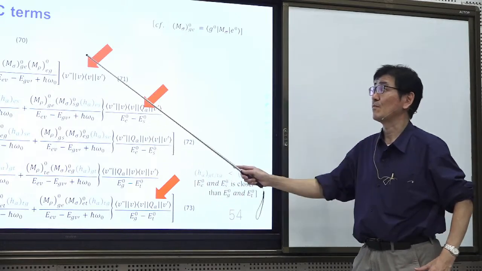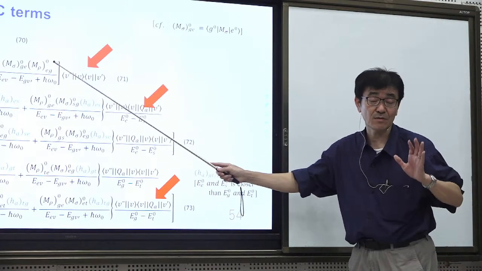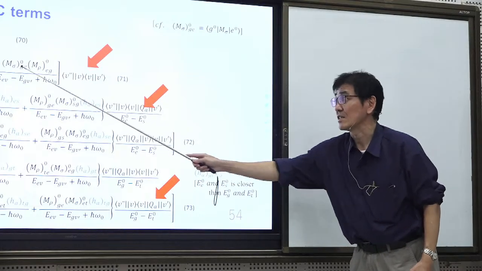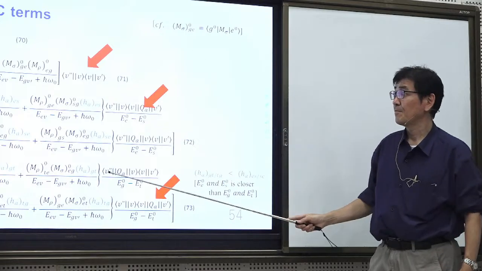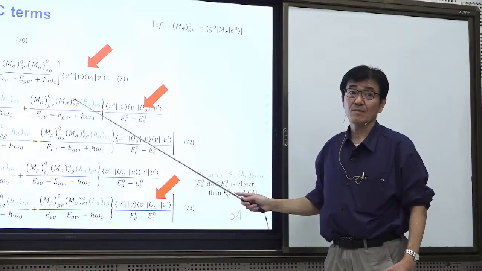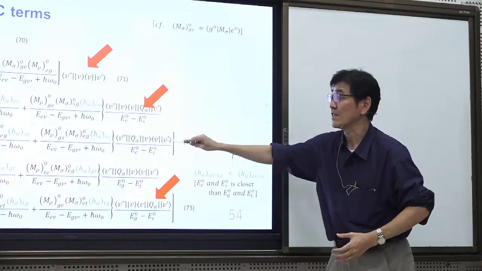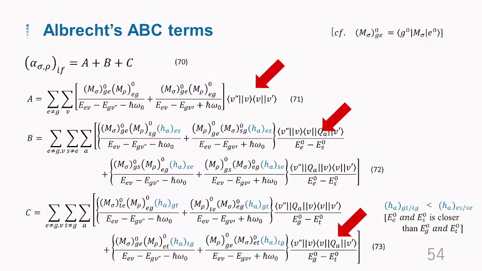So this is the largest. This is a leading term in the Raman scattering in most cases. It depends on the symmetry, but anyway, this is the largest contribution. The mixing wave function is rather small, so B and C are relatively smaller than A.